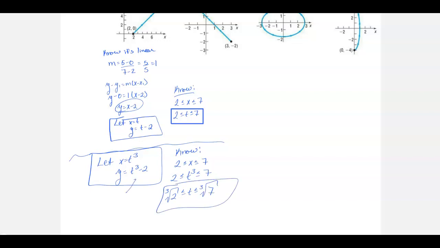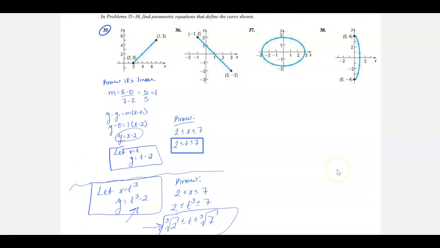So if we use this parameterization, we would have to restrict t this way, whereas if we use this parameterization, we would restrict t this way. So what you choose to substitute in for your x will affect how your t is restricted, but the graph will be the same. So it's pretty cool to think about stuff like that.